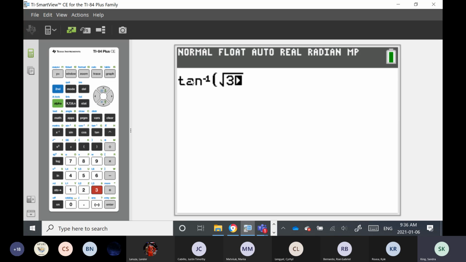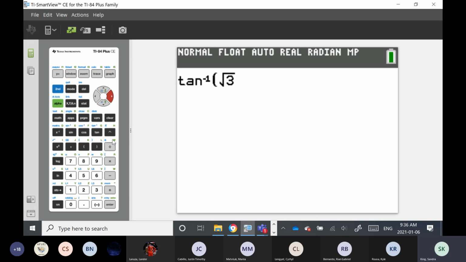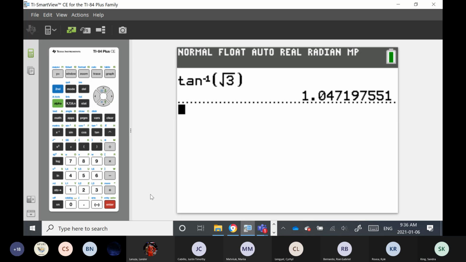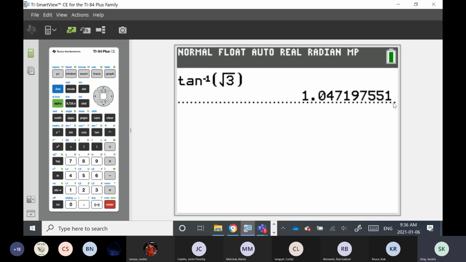Yeah, so basically, you type in second function tan of the square root of 3. This, Kyle, is the reference angle. But what I need you to do to that is convert it to pi radians. So get the exact, like what is this in pi radians? So divide that answer by pi and then math 1 fraction it.